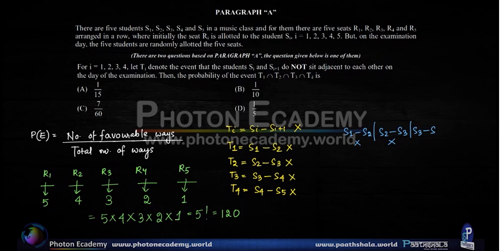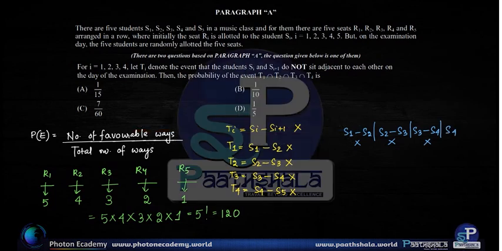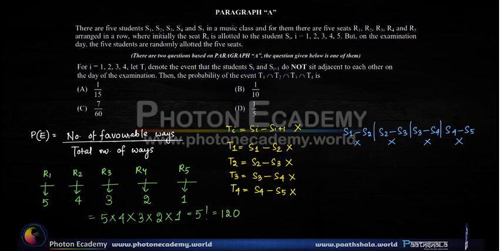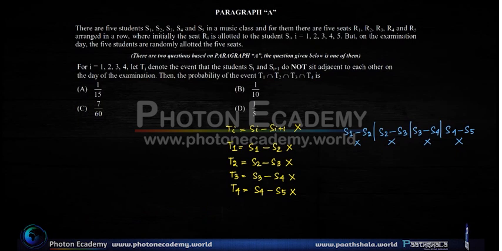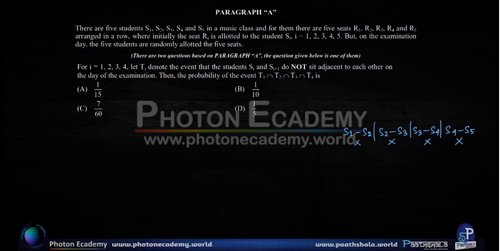Similarly, S3, S4 not sitting together and S4, S5 not sitting together. We need to find the cases where these conditions are fulfilled. For that, we take the conditions where these are satisfied.